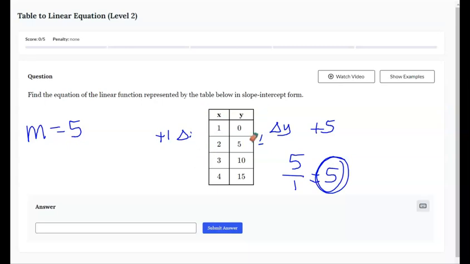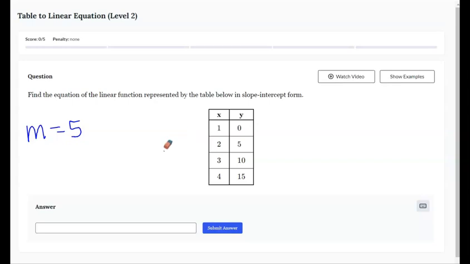Now, to go back to the table, I'm going to take a look and see if I can find the y value when x is 0. So right now I don't have a 0 in my table, but I do know if I go back one time here, which is the reverse of the moving down pattern, then all I have to do is reverse the y's pattern.